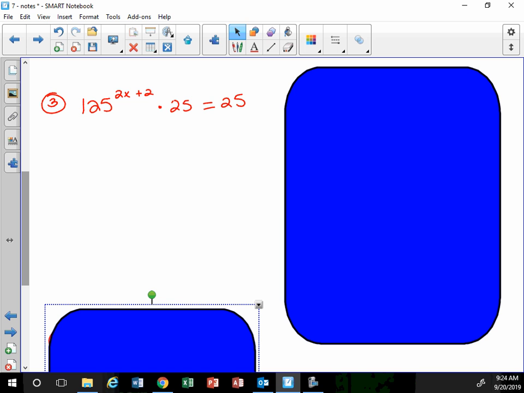And then we're going to make it 1 if the exponent is 0. This is 1. That number is 0.